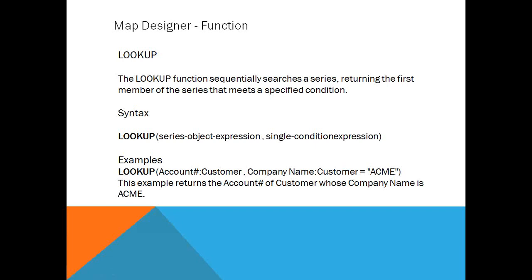Even though there are 10 records having customer ACME, it will return only the first account number. Clear?